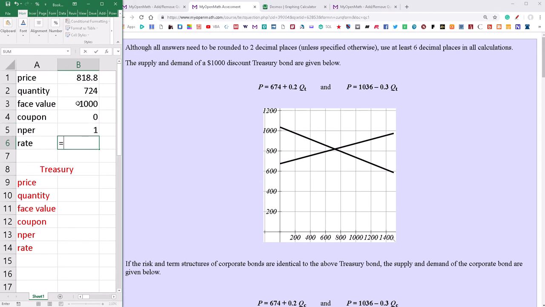And then we have to calculate the rate, which is equal to rate, the number of periods, the payment, which is 0, negative price, because we were paying the price of $818.80 for the right to get the $1,000 in one period. And the interest rate is 22.130%.